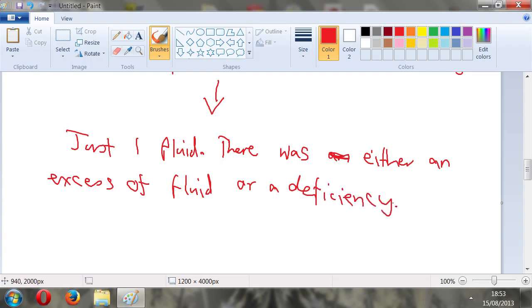And that was equal to the two charges. So there's two charges, and that's actually a definition: there's either an excess of fluid or a deficiency. Two charges. One is excess, one is deficiency.